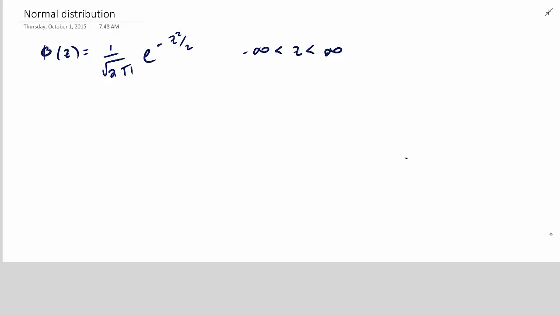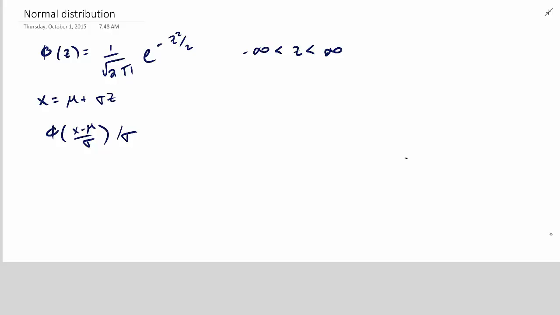And then the non-standard normal distribution is any random variable x that has the distribution of mu plus sigma Z, where Z is a standard normal, and the density of that random variable works out to be phi of (x minus mu) over sigma, divided by sigma.